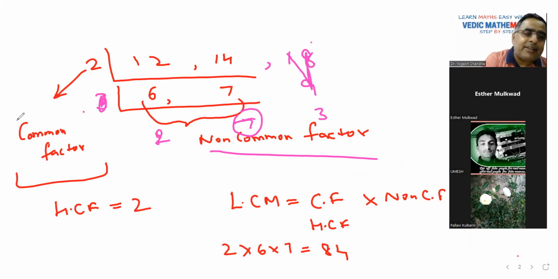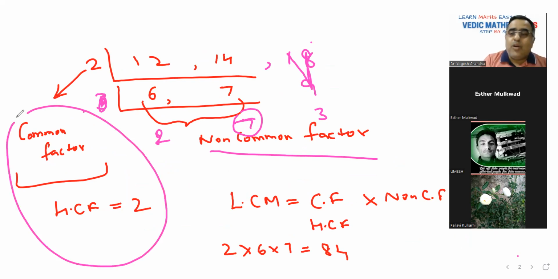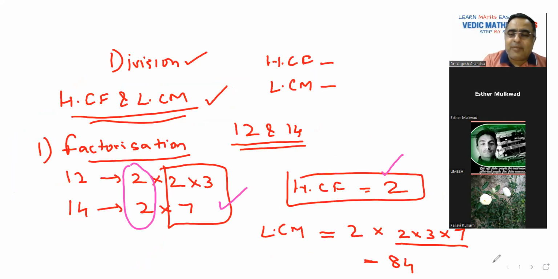It is the common factor. What is the LCM? The common factor into the non-common factors. So we get 2 into 6 into 7, which is 84. Same as we got by the factorization method and now by the division method.